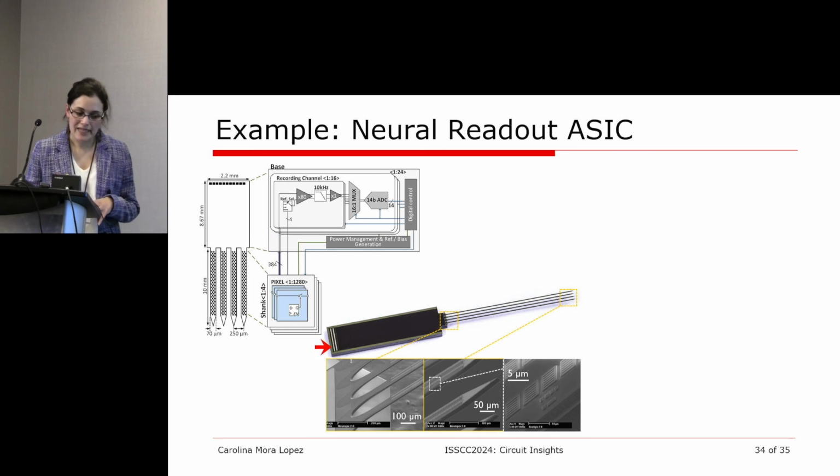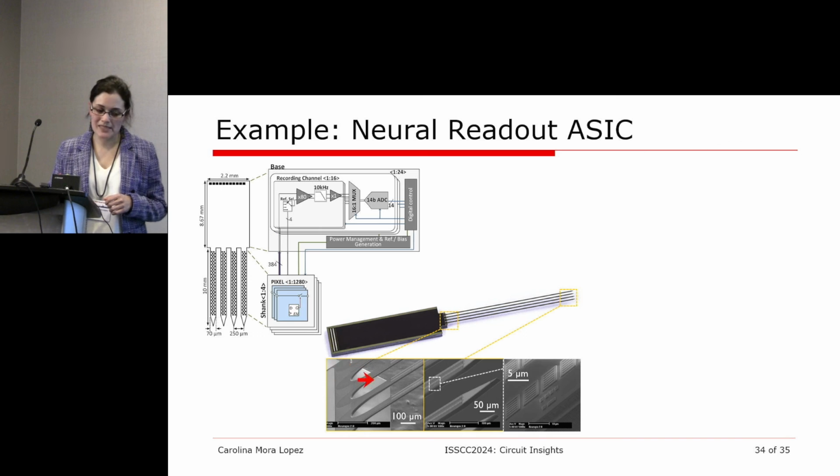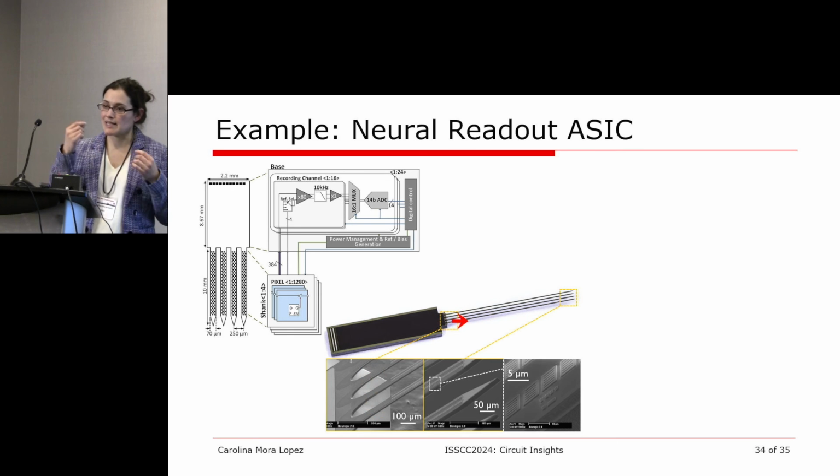After fabrication, you can have a chip that looks like this. Instead of the traditional rectangular chip, you can use special fabrication processes in order to have these implantable needles that are very narrow, like the width of a hair. They are also very thin, and they can penetrate brain tissue without causing much damage.